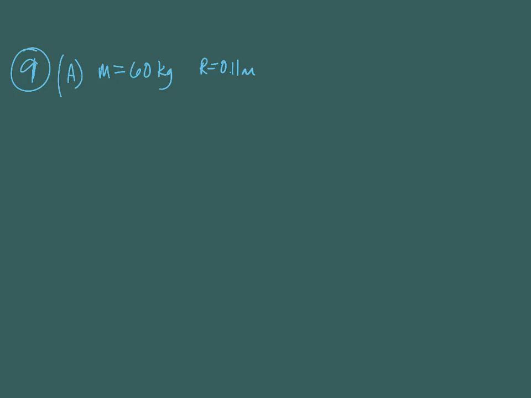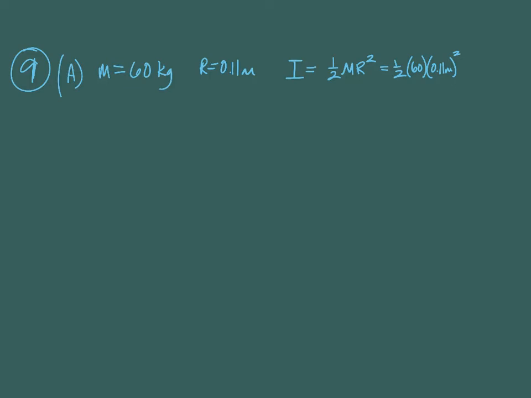So the rotational inertia of a cylinder is 1/2 mr squared. We could look this up in a table. We'll do that at some other time. You'll just have to take my word for it. And so 1/2 of the 60 kilograms and the 0.11 meters, or 11 centimeters, squared.